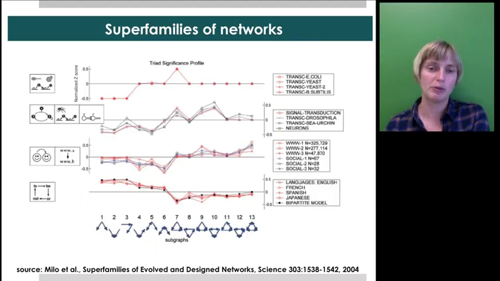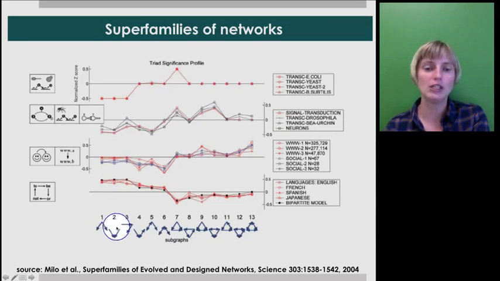What this research group, Uri Alon's research group, did next was to show that a lot of different networks fall into these superfamilies based on a motif profile. They designed a measure that looked at the z-score for each of the 13 individual three-node motifs, and then looked at whether the z-score follows one pattern or another.